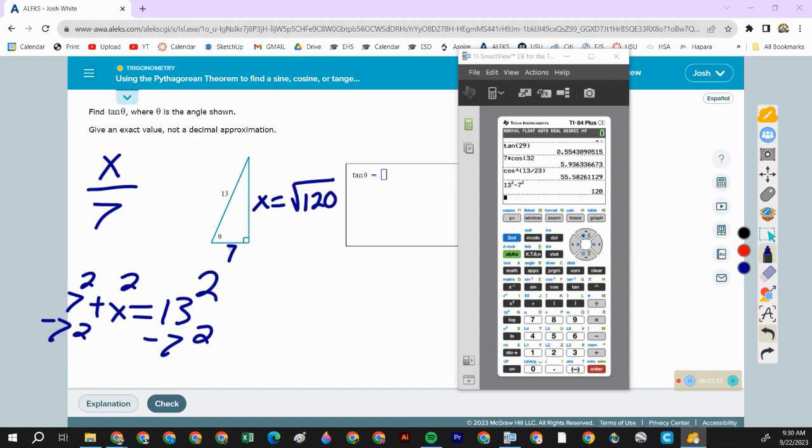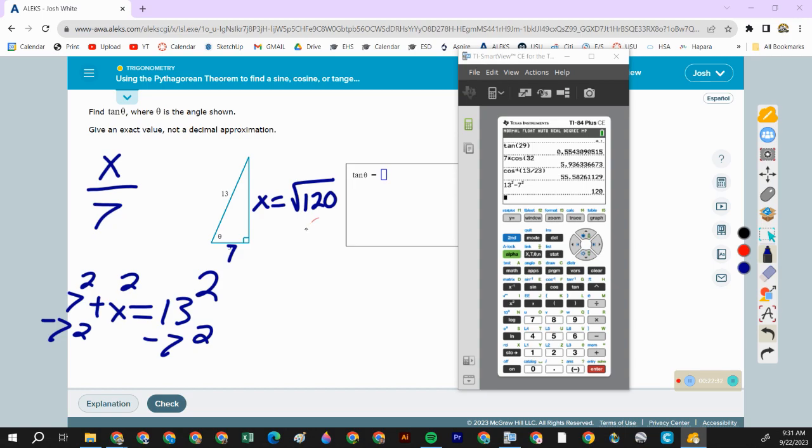Are there any perfect squares inside 120? 4. Are there any others? 4, 9, 16, maybe 16. I don't know my perfect square multiplications very well.